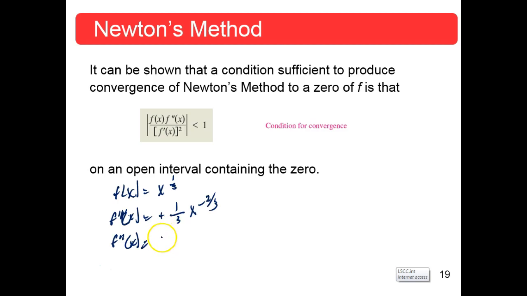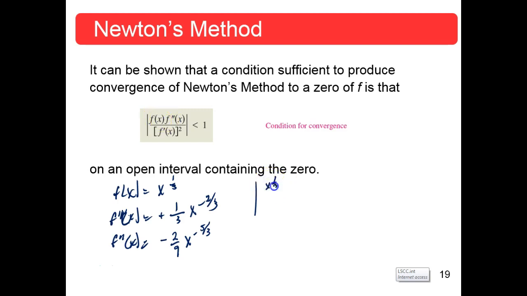Not that hard. Is it? Help me, somebody. Negative 2/9 x to the negative 5/3, exactly.